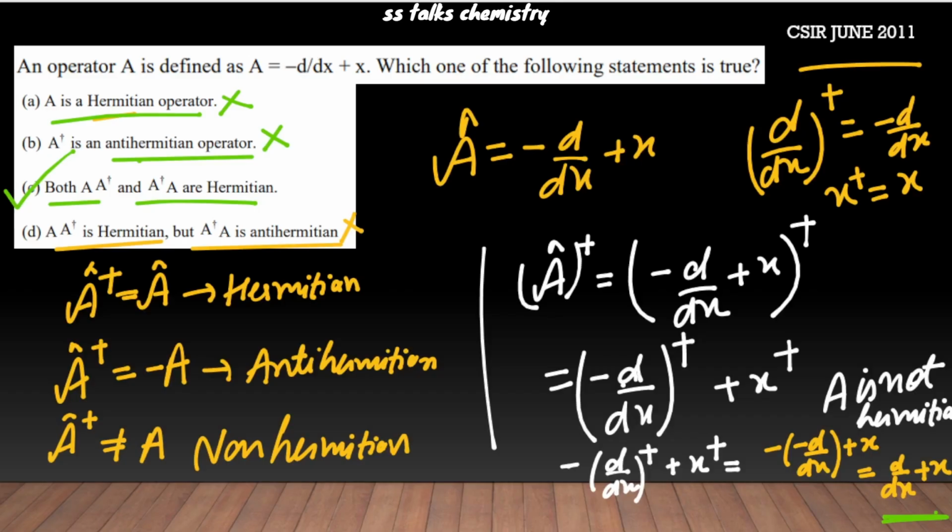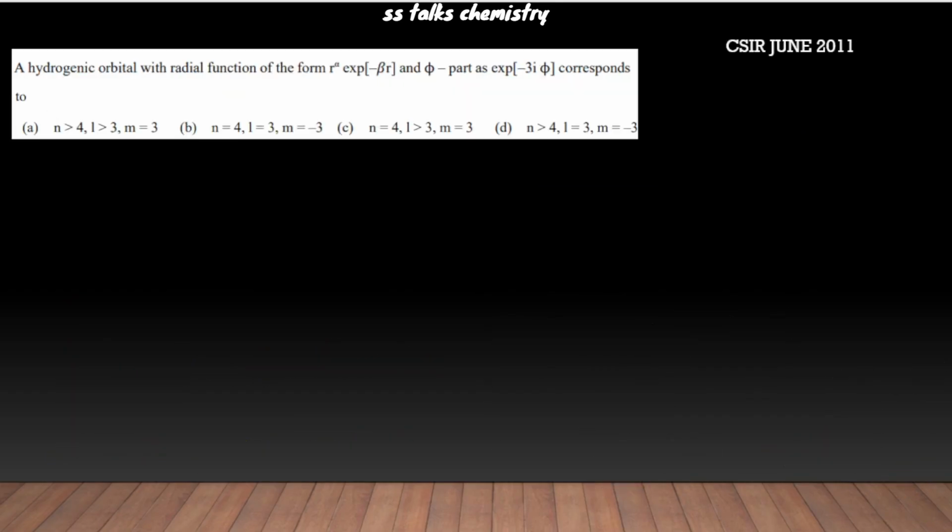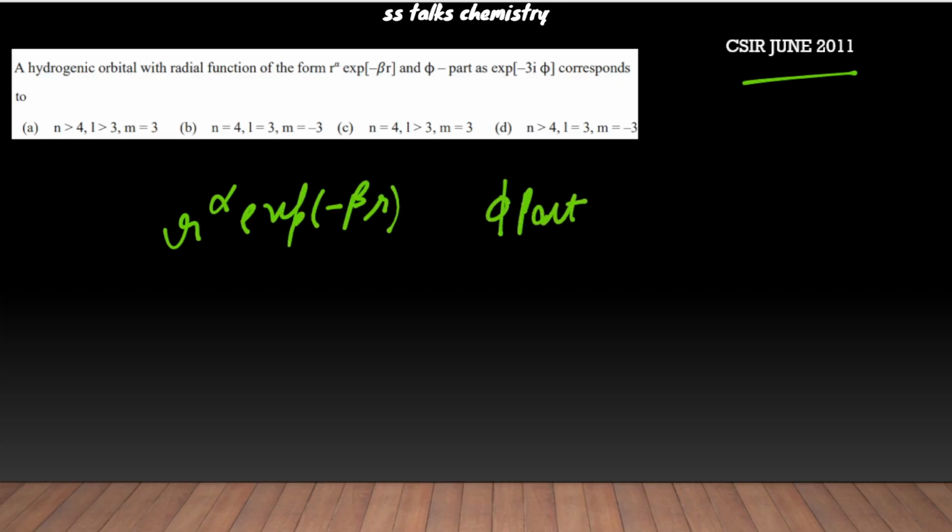Okay, next, same paper, June 2011. The question says: a hydrogenic orbital with the radial function of the form R proportional to exponential of minus beta r, and the phi part in this is exponential of minus 3 iota phi.